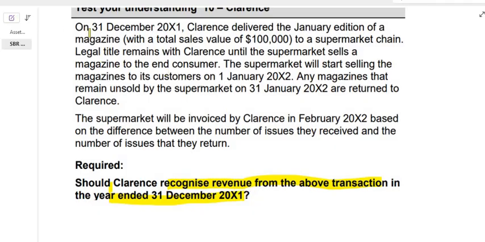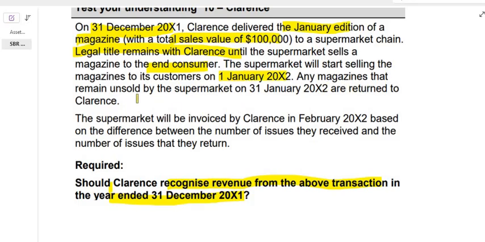Now on 1st December 2001, C delivered the January edition of the magazine, with a total sale value of this amount, to the supermarket chain. The legal title remained with C until the supermarket sells to the end consumer. The supermarket will start selling the magazine on 1st January 2002.